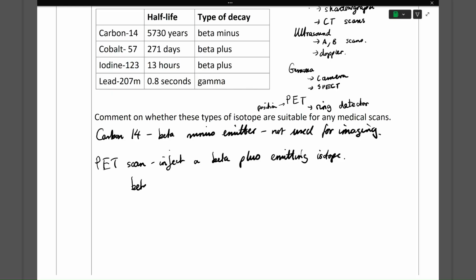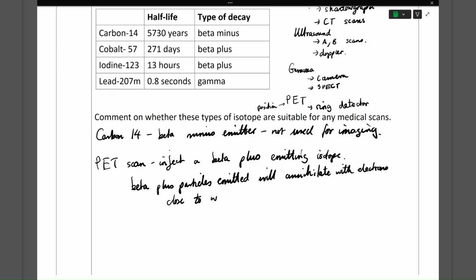The beta plus particles emitted will annihilate with electrons close to where they were emitted.